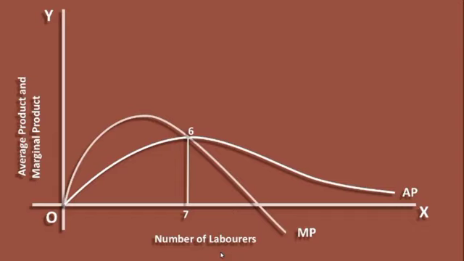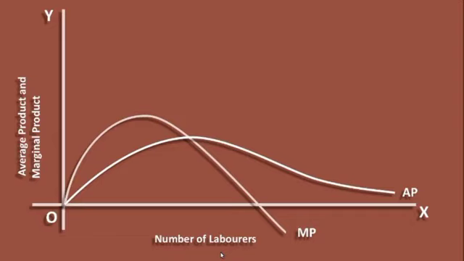So in this instance, the marginal product curve and the average product curve are equal, as we can see in the graph.